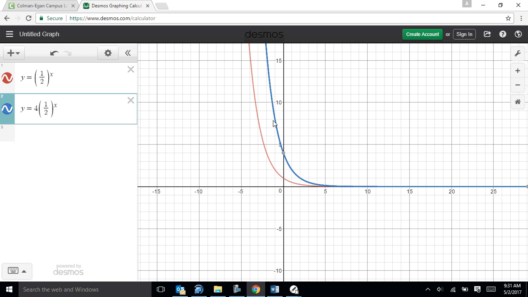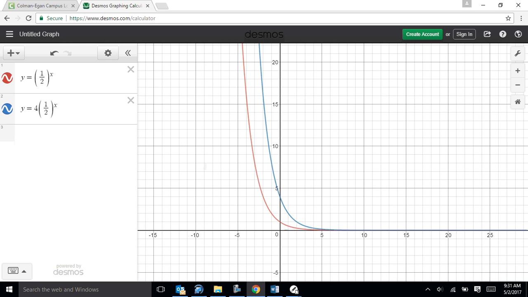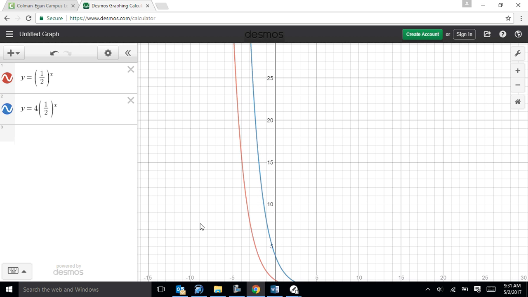So at -2, we have 4. So what do we think on the blue line? What do we think that's going to be? So when our exponent is -2, what's our output going to be? 16. So we multiply by 4, right? And if I go up here and then find -2, I'm at 16.